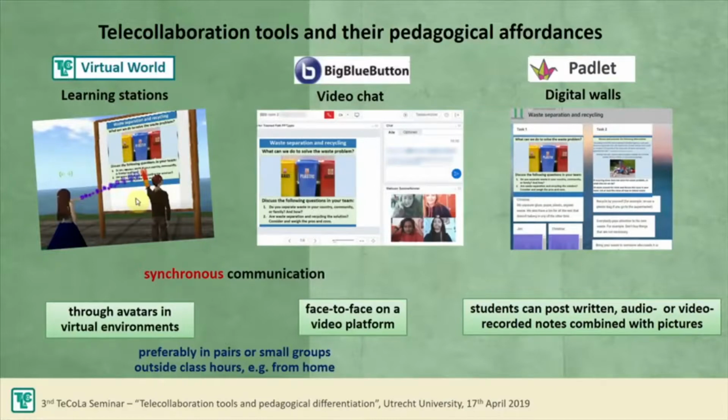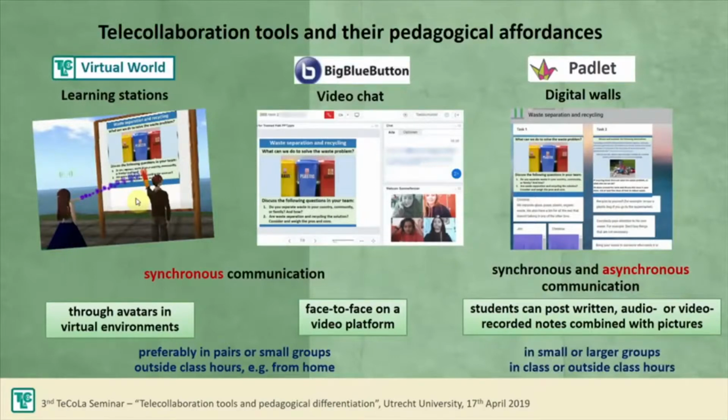In Padlet, students can post written, spoken, or video recorded messages. They can include pictures, and we have seen examples earlier already. And this can be done in a synchronous mode, where students are active at the same time, or it can be done in an asynchronous mode, where they interact at different times, where they post their messages at different times.